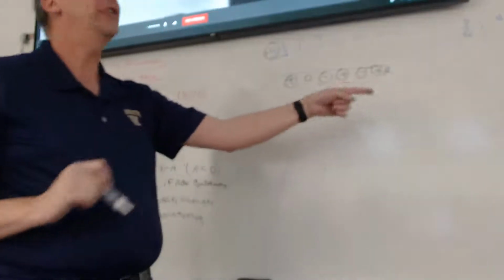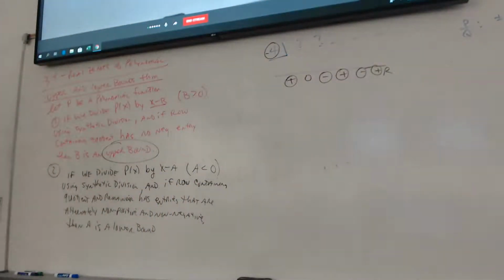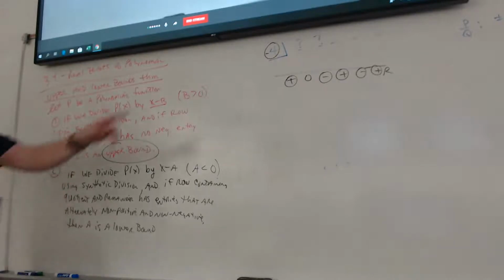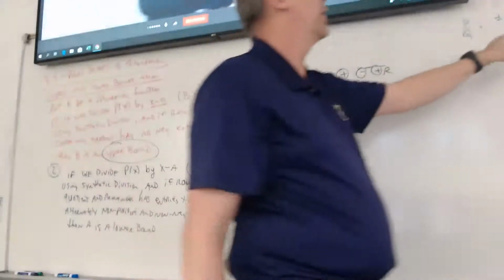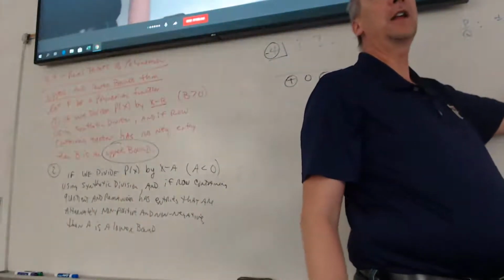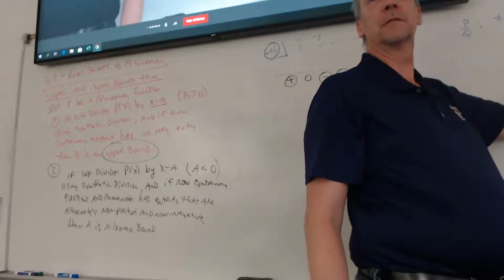Okay? So it's alternating. You can have some zeros in there if you need, or if it happens out. But in any case, -4 is a lower bound. So therefore, there's no reason to try -6. Does that make sense? Okay.